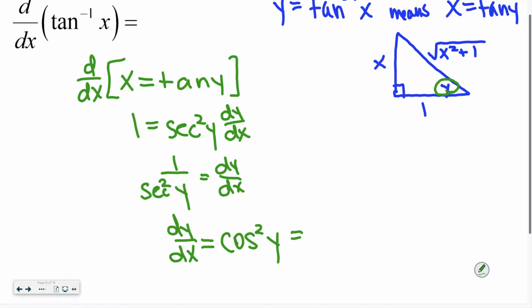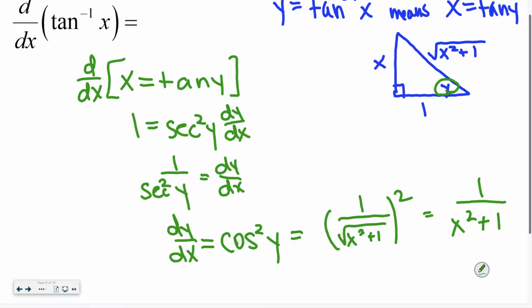Our cosine ratio is adjacent over hypotenuse. Would you agree? So in this triangle, the cosine, adjacent over hypotenuse, would look something like that. 1 over the hypotenuse. And since it's cosine squared, that square root goes away.